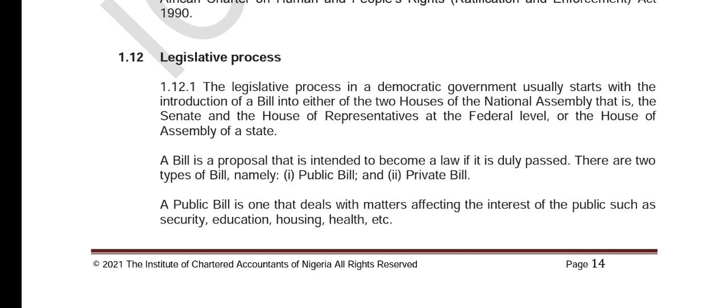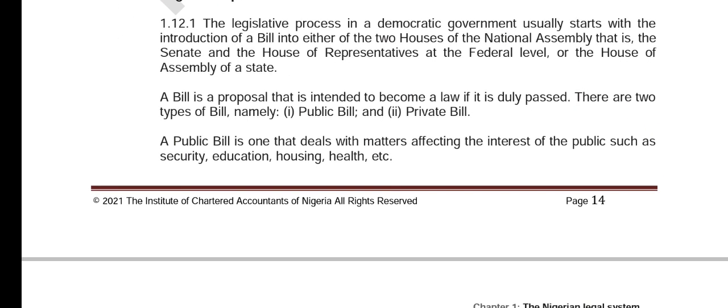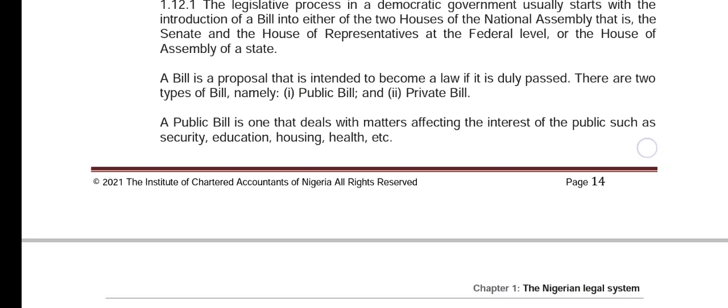Now, what is a bill? A bill is a proposal that is intended to become law if it is duly passed. And we have public bills or private bills. Public bills have to do with education, health, housing, and so on.